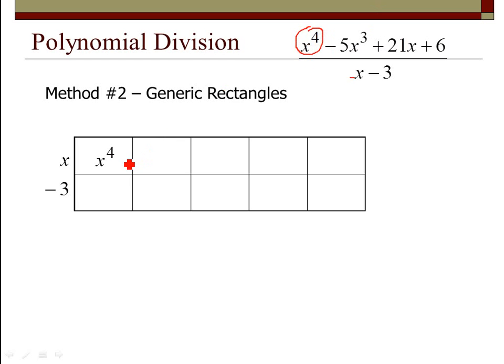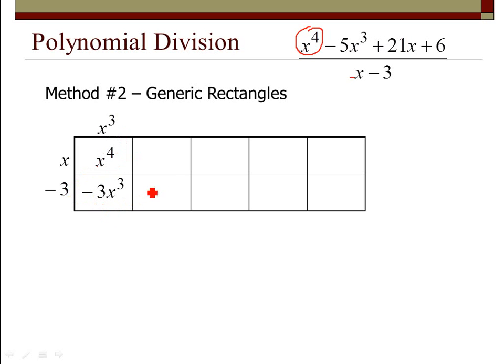Okay, now I'm going to do this idea of reverse multiplication in many ways. I have x times something gives me x to the fourth. Well, that makes this x cubed. So that's how I would have gotten x to the fourth in this spot. Now, I'm going to multiply x cubed times negative 3 gives me negative 3x cubed. And here's the part that takes a little bit more thinking.